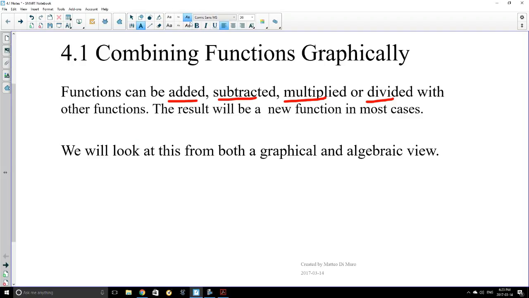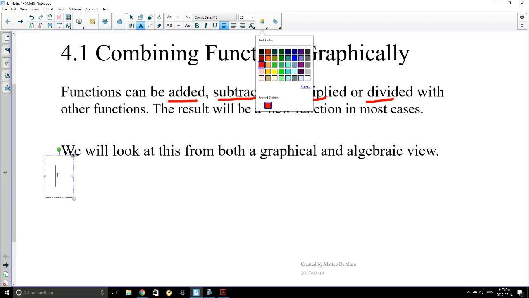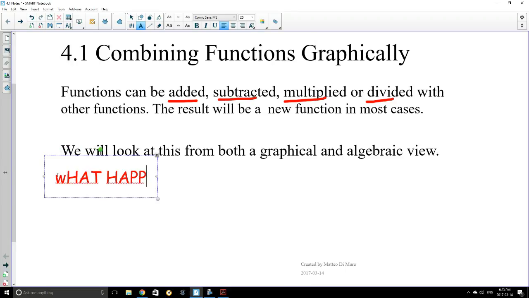So we can write that down for goals for today. Sorry about the cap lock. It's just the way I roll.